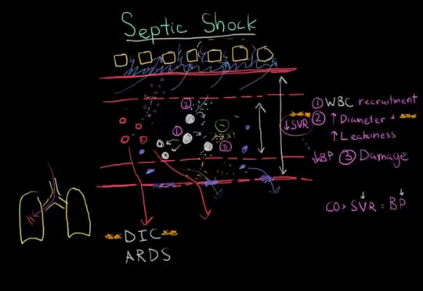This is happening everywhere, and the damaging enzymes and cytokines and different immune molecules end up damaging blood vessels in the lungs as well. And if you damage all of these blood vessels in the lungs, then oxygen won't be absorbed properly into the bloodstream. And so patients with severe septic shock end up in respiratory distress because they can no longer pull in oxygen from the environment into their bloodstream. So that's acute respiratory distress syndrome.